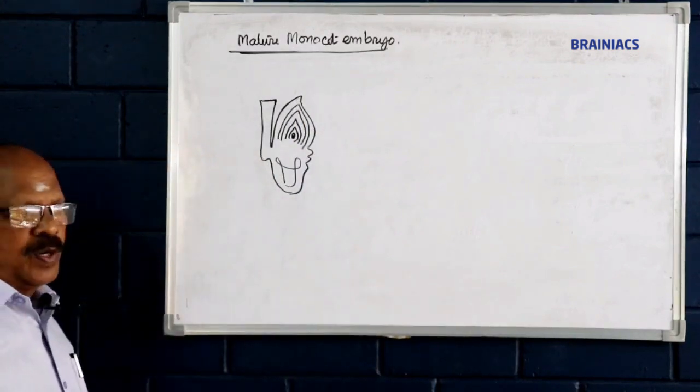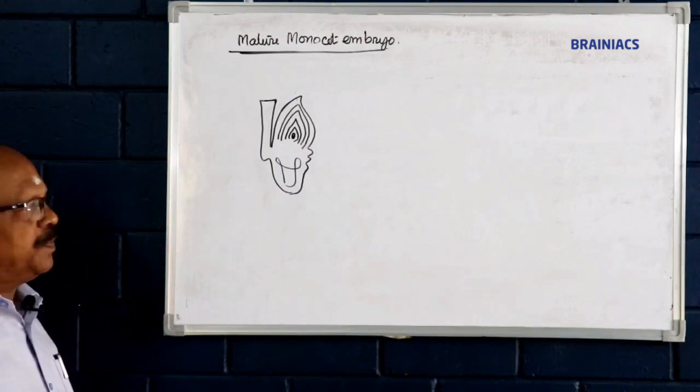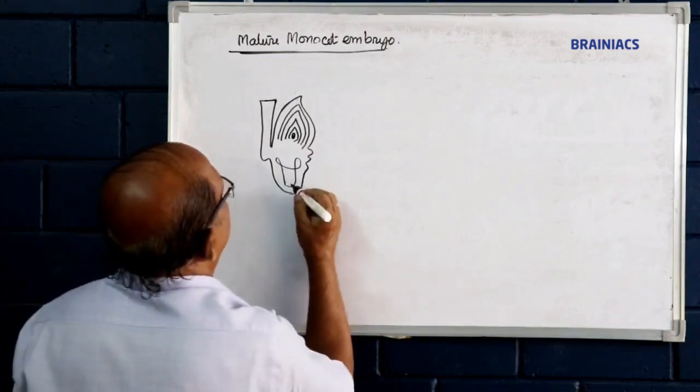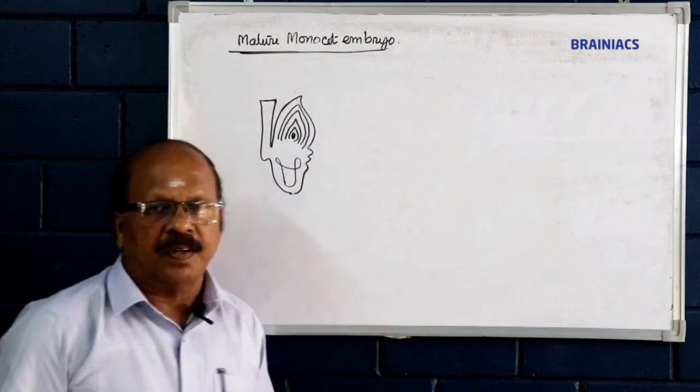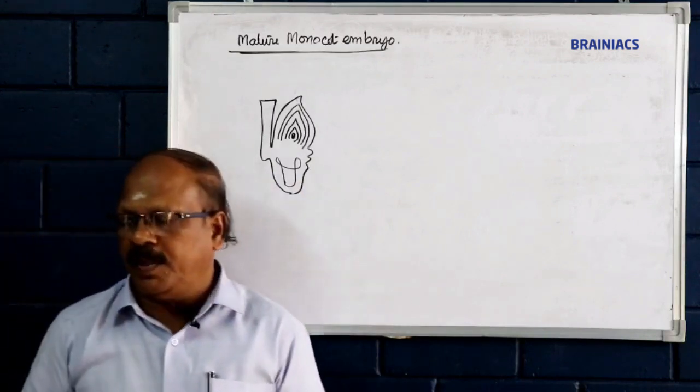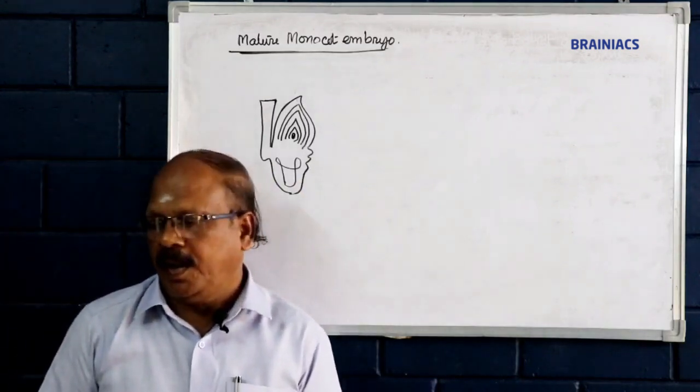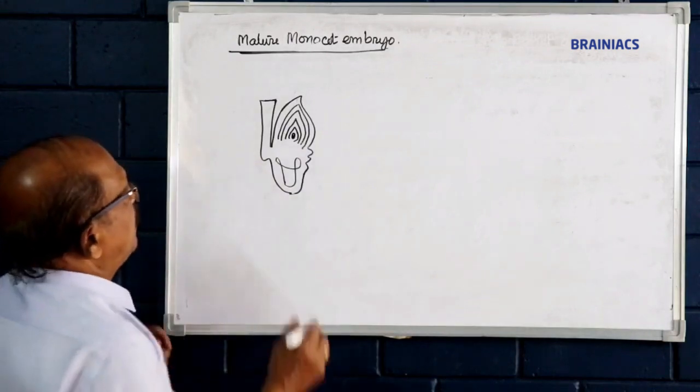This is a monocot embryo, and the figure is given, and then you have to label the parts.